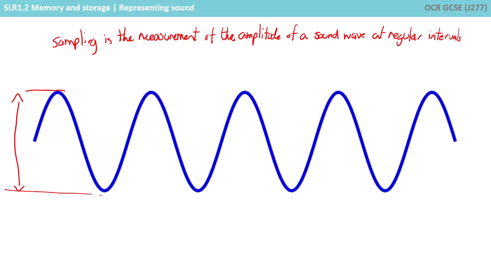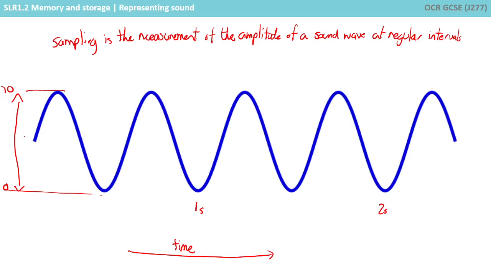Let's do it very, very simply. Let's say across is time, and up here is the height of the amplitude. Let's keep it nice and simple. Let's say this is 1 second, and then we have 2 seconds. Let's work on a scale between 0 and 10.